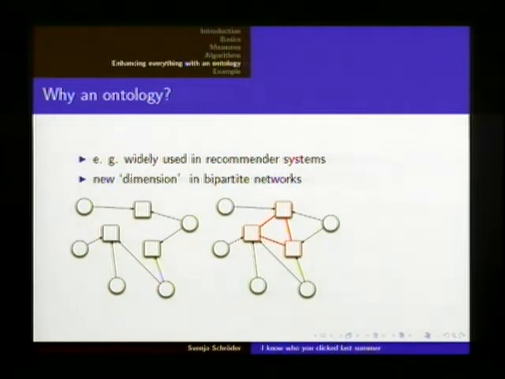And then you could add another layer to this network by adding a kind of ontology which describes which talk is near to which other talk. So then you don't have only those edges between talks and persons, but also between the talks themselves.